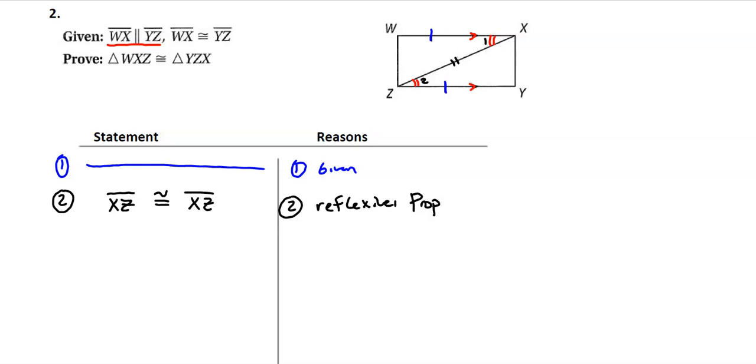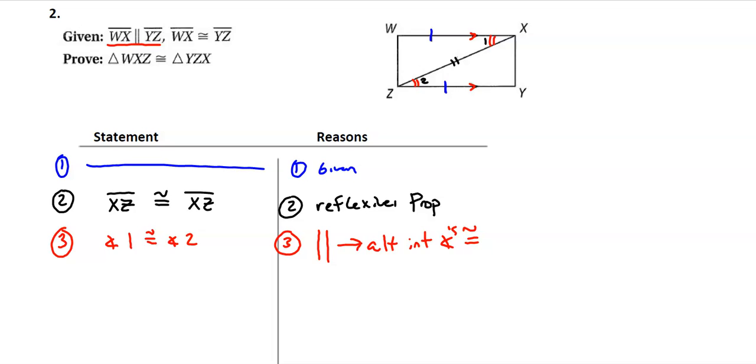And I probably shouldn't have marked it because I haven't said it yet, but I'm going to mark it. I'm going to say angle 1 is congruent to angle 2. How do I know that? Because parallel lines make alternate interior angles congruent. Really, as long as you say something about alternate interior angles, you're good to go.